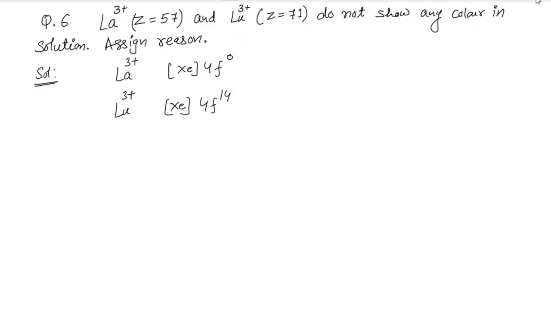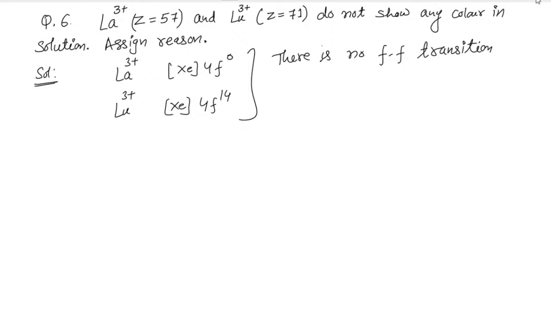So lanthanum 3+ has no f electron and lutetium 3+ has completely filled orbitals. So there is no f-f transition, or we can say there is no transition at all. That's why both of these ions do not show any color.